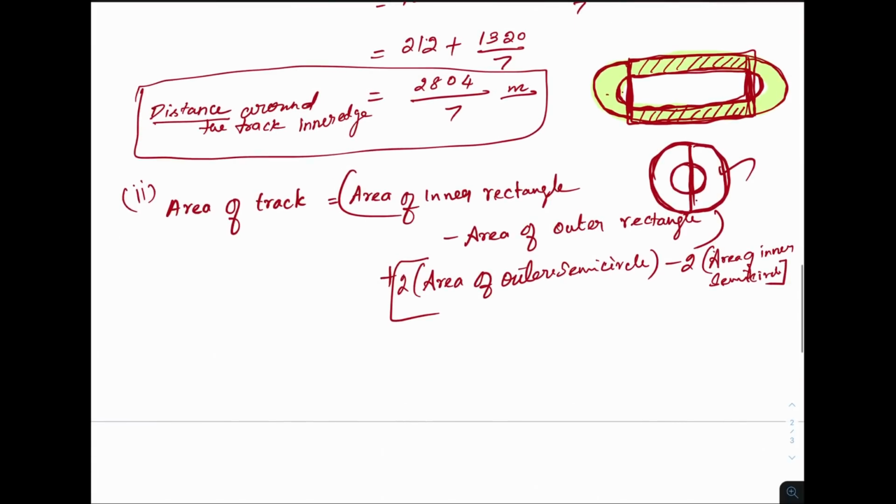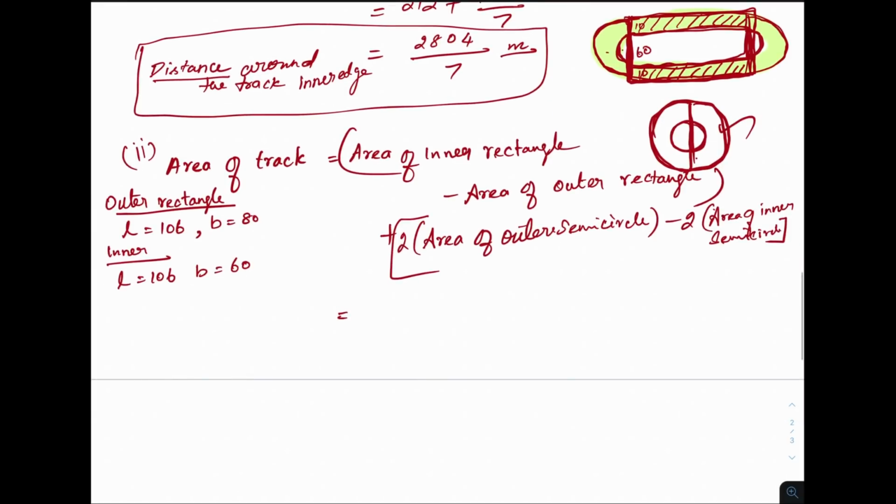So here we can apply. First we'll take the outer rectangle. What is the length? Length will be 106, but breadth is 80. Why? Because inner diameter will be 60, width will be 10 plus 10, so this will be 80. For the inner rectangle, length is 106, but breadth is equal to 60.